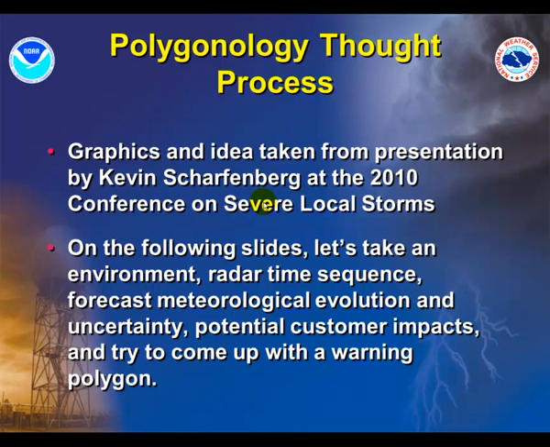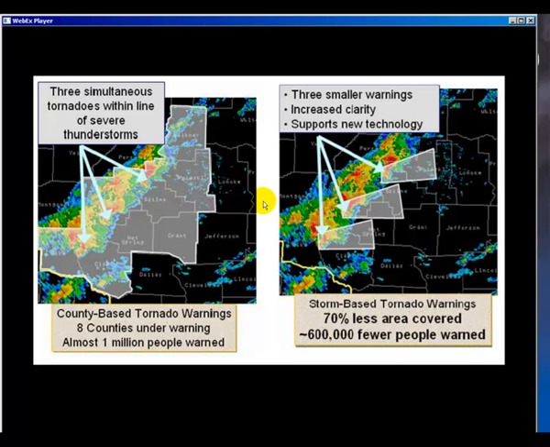And on the following slides, we're going to look at an environment, radar time sequence, forecast, meteorological evolution, uncertainty, and potential customer impacts, and try to come up with a warning polygon. So we've already seen this, and once again, this looks pretty simple over here, following steady state storms out into time, not worrying about anything but the storm itself.